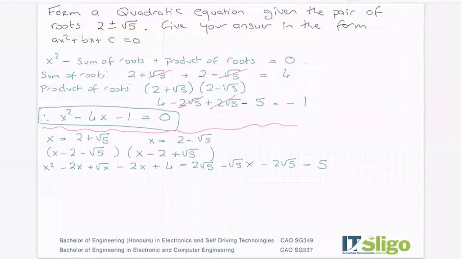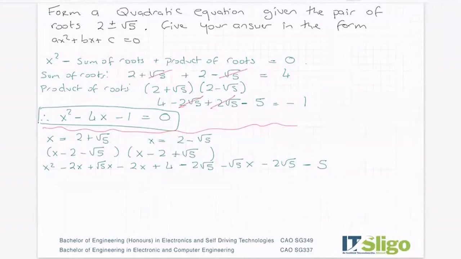So let me see, did I make mistakes? Looks like I did. So x by x is x squared, x by minus 2 is minus 2x. I made one here, x by the plus root 5. I merged them together. Okay, so I'll have plus root 5x. Okay, so minus 2 by x, minus 2x, minus 2 by minus 2, plus 4, minus 2 root 5.